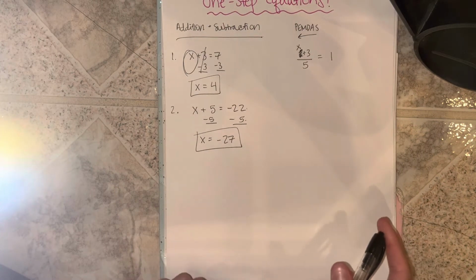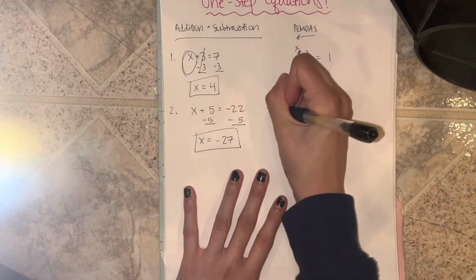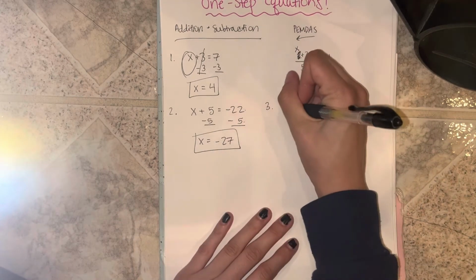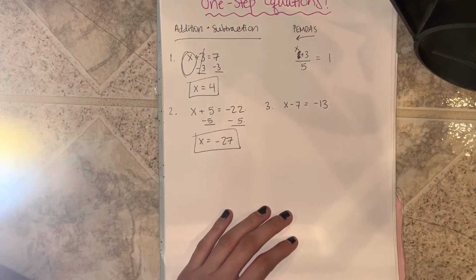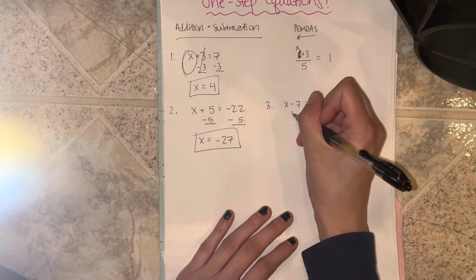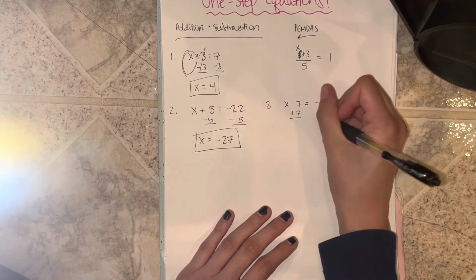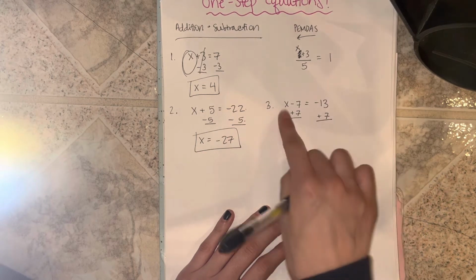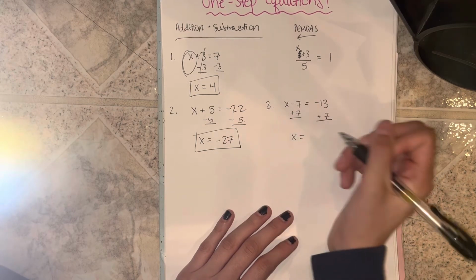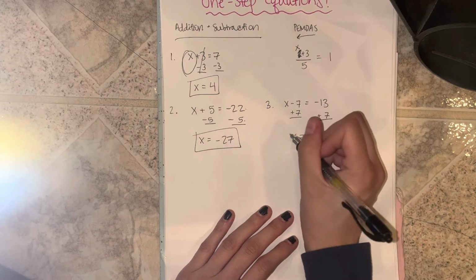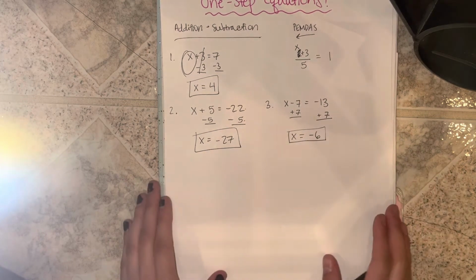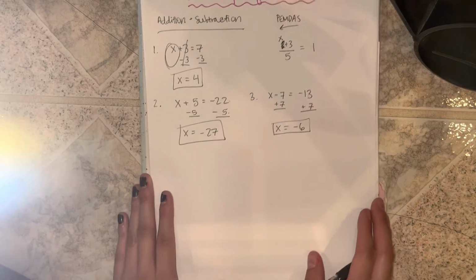Now let's look at what happens when we put in subtraction. Let's say x minus 7 is equal to negative 13. Now we have to do the opposite operation, which is addition. So we add the 7 to both sides because we want to solve for x. So negative 13 plus 7 is negative 6. Boom. Okay, so simple enough.